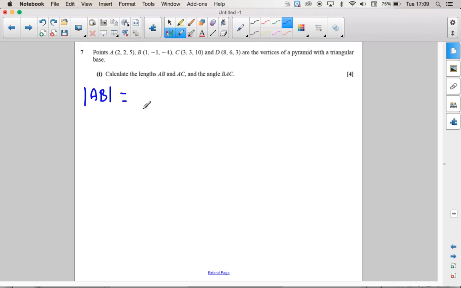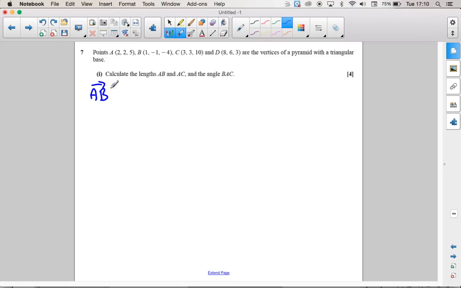is, we're using our 3D Pythagoras. So first of all we need to know the difference between them, so how to get from A to B. So I'll just back up a second.